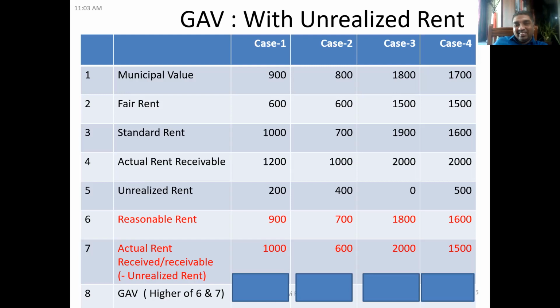But here, actual rent means after reduction. You are comparing before allowance of the reasonable rate, but you have to allow this expenditure. Then allow this clause. 1000. Okay, good. All of you understood?